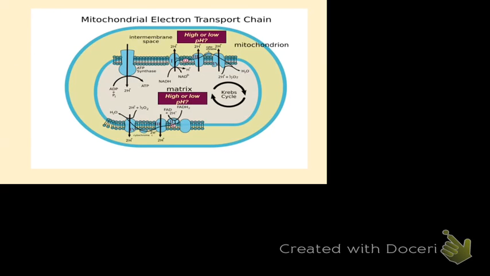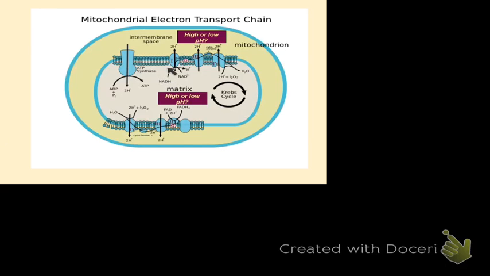So I think this is actually from an older book, but I like this little cartoon. One thing that I like about it is that there are 2 pathways. The electrons never go from complex 1 to 2 to 3 to 4. That would be too easy. You have 2 possibilities depending on whether you're starting with NADH or FADH2. If you start with NADH, just ignore this one, because that's not actually part of the electron transport chain.